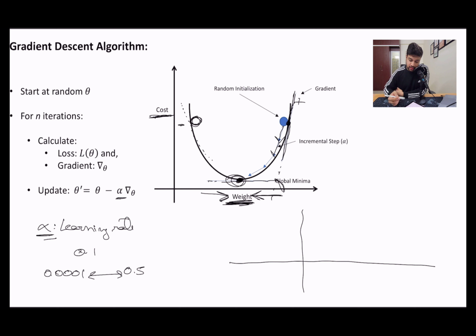So now let us get into the depth of it. Let us understand what is there in this graph, right? So assume you have two axes. On x-axis you have the weight parameter, and on y-axis you have the cost parameter, right? So as we discussed in the earlier slide, the goal of the optimization or gradient descent algorithm is to minimize your cost, right?